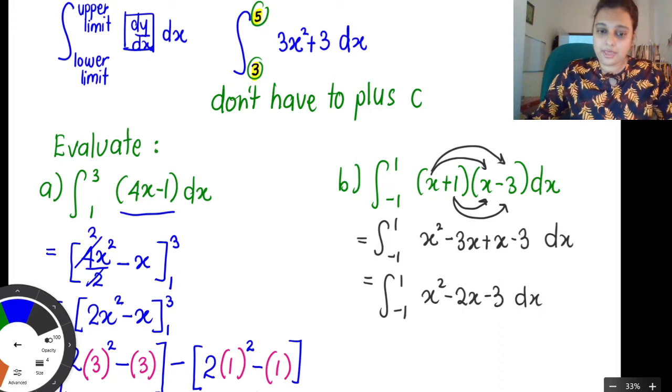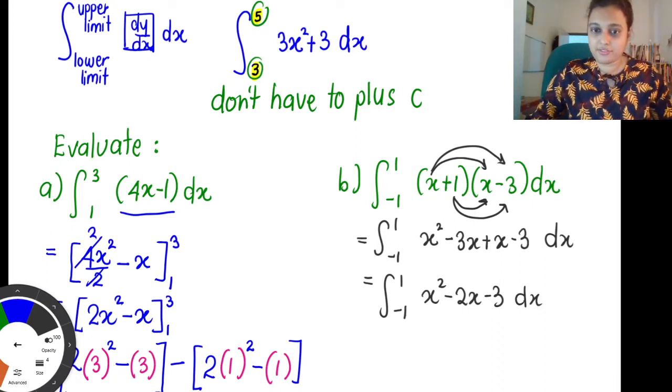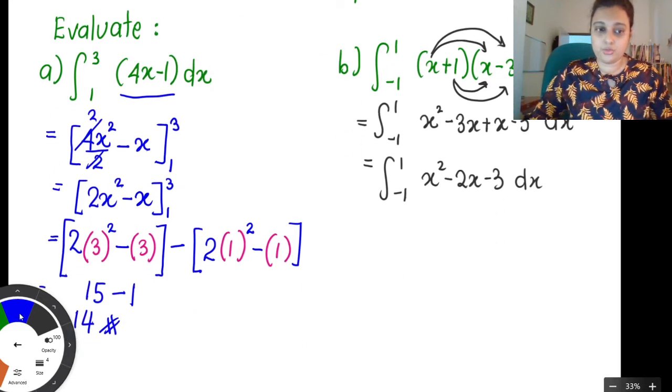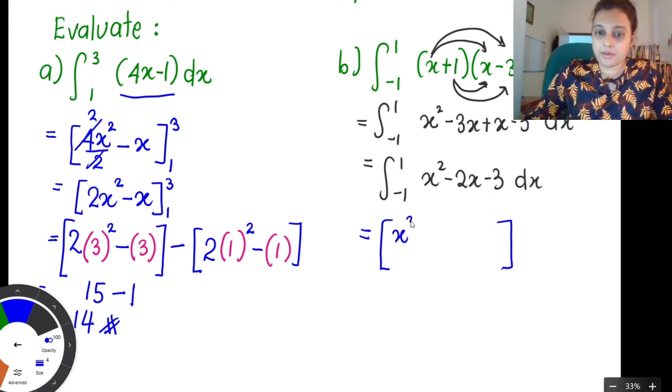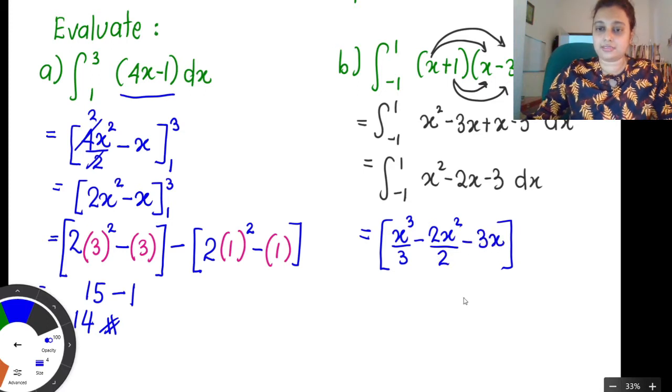Now can we do the integration part? Yes, because we already got a proper equation to do. So now you can put the big bracket. So let's solve the integration. Here will become x power of 3 over 3 minus 2x square over 2 minus 3x. Put the upper limit and the lower limit outside the bracket.